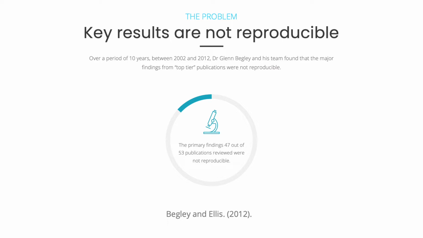They found that findings from 47 out of the 53 results were not reproducible either by his team or even by the original researchers. Now, we're not talking about some minor findings buried deep in figure 2. These were the major findings, the so-called core message of the paper, that they were not able to reproduce.